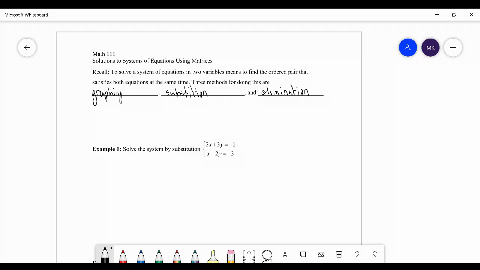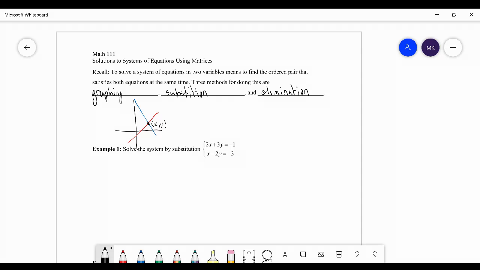These are the three methods that we use for solving systems of equations. The way we do it graphically, right? If you imagine having a graph, and then we've got equation 1, equation 2, then this point here would be our solution. This x, y is the solution to that system.